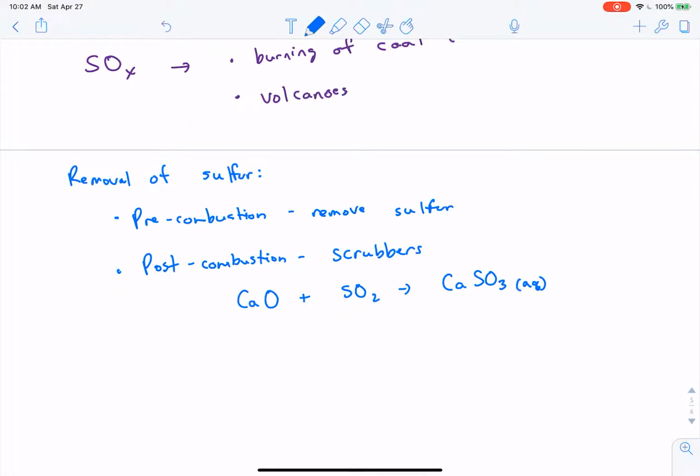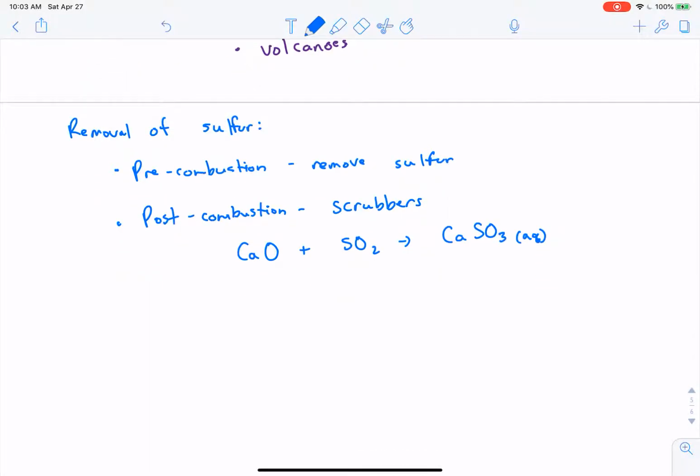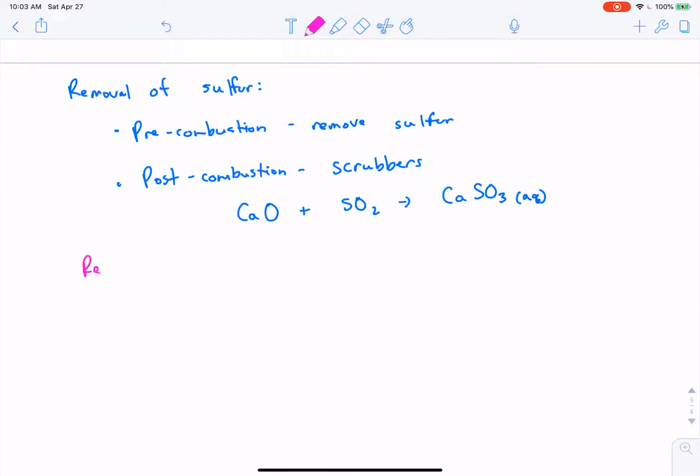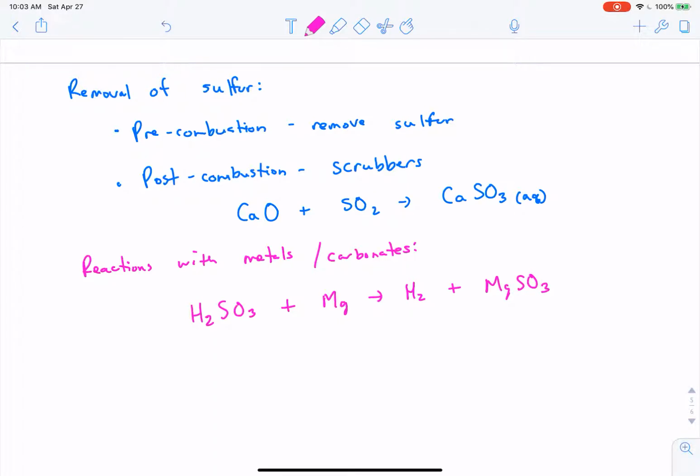Okay, now, again, those are removal of sulfur. Last thing for SO2: reactions with metals and carbonates. So again, you have something like H2SO3 with something like magnesium. You'll get H2 gas, then magnesium sulfite.